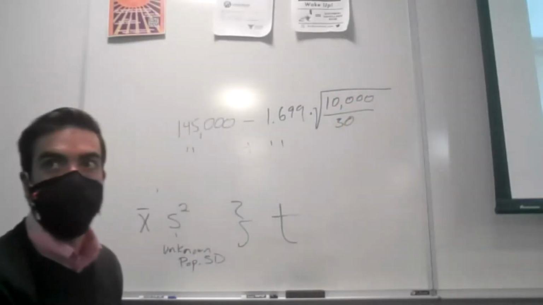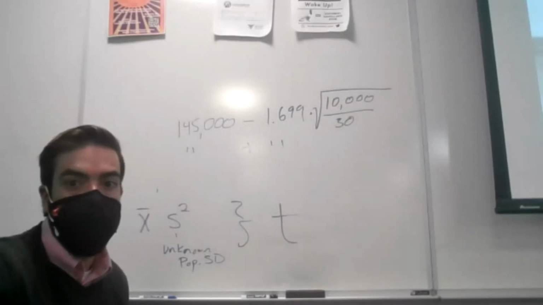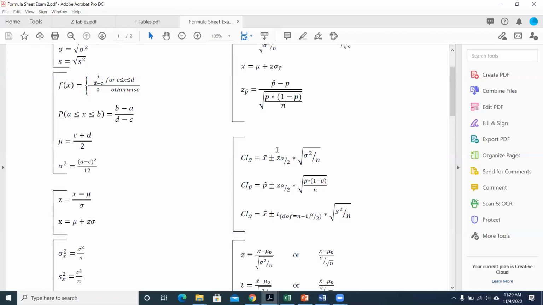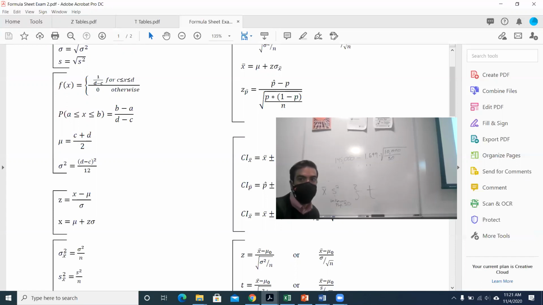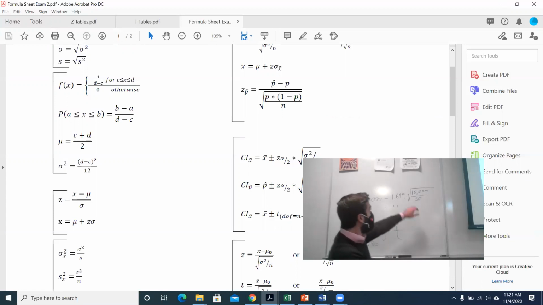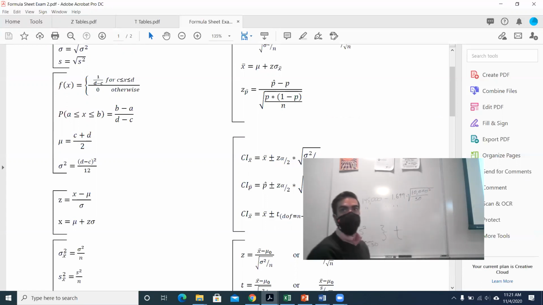What did I not do right here? If I look at that formula sheet, it's my variance that's in that numerator. I was given a standard deviation. So let me see. All right. So here, I need to have my variance, not just my standard deviation, so I have to square it, right?